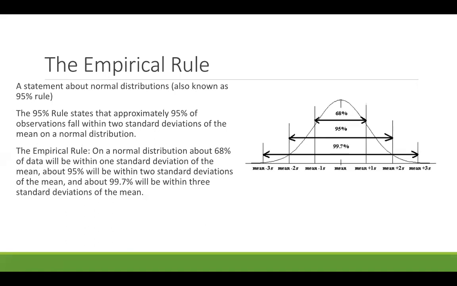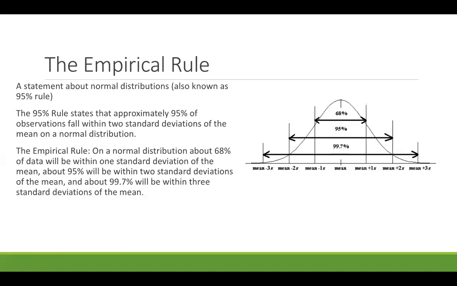Otherwise, the empirical rule is that 68% of data will fall within 1 standard deviation of the mean, 95% will fall within 2 standard deviations of the mean, and 99.7% will fall within 3 standard deviations of the mean, seen below.